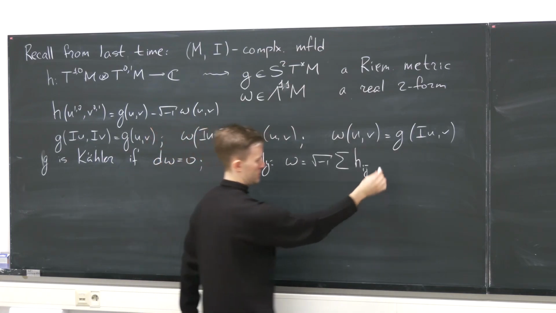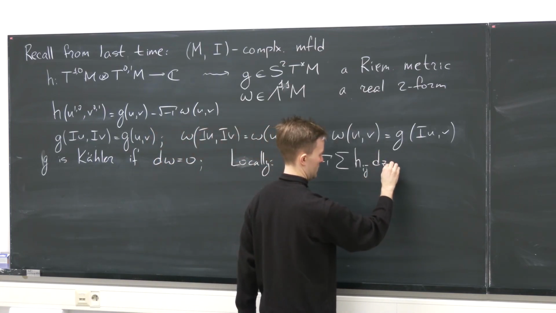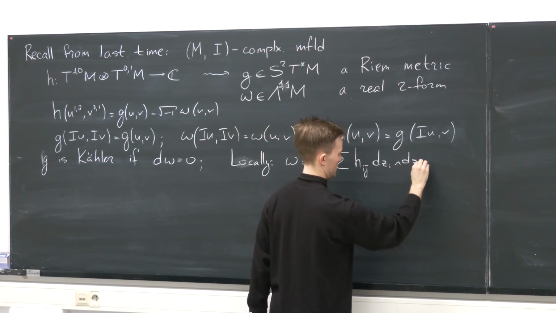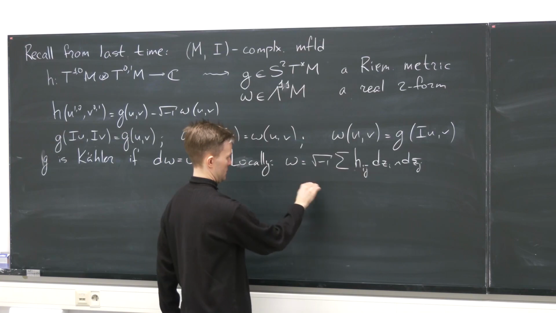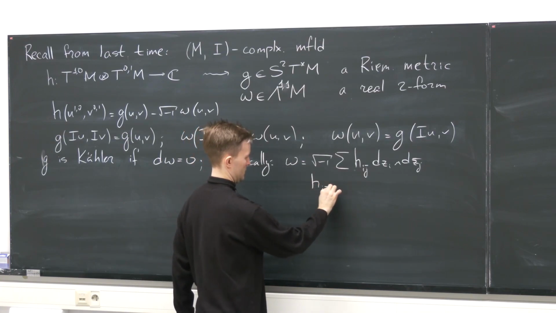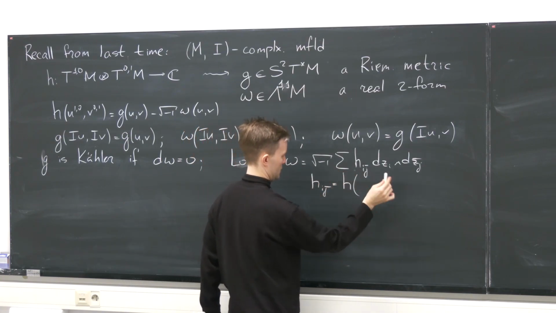It's a sum of h_ij dz_i wedge dz_j bar, and these are functions defined as follows.